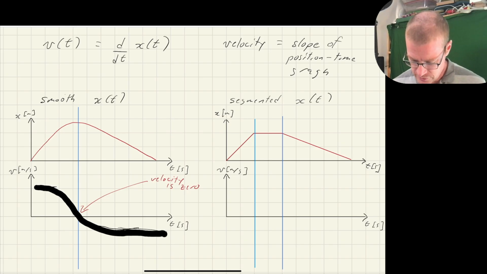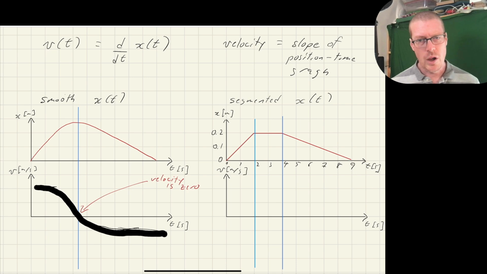Suppose this is 0 meters, 0.1, 0.2, and let's make these times 0, 1, 2, 3. In a real problem, they'd have to give you these. If you don't have those numbers, you can be qualitative instead of quantitative, just like I was here.